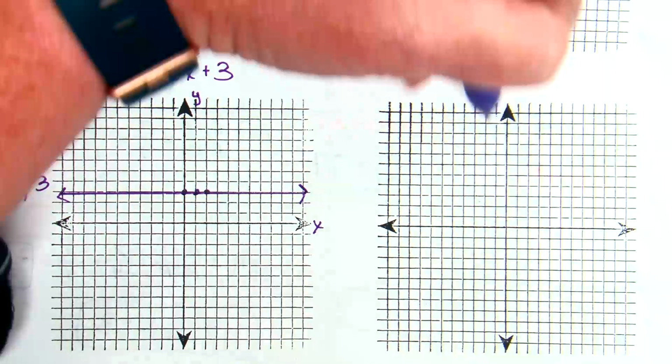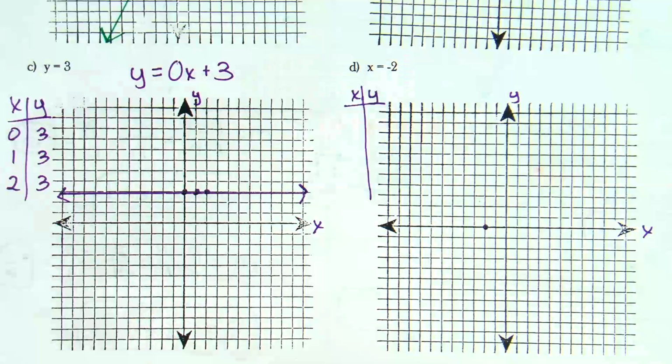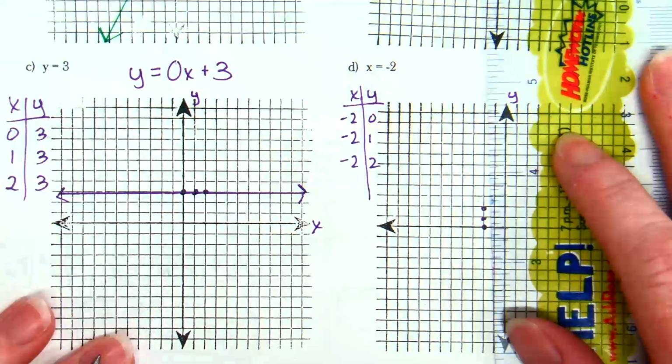If you liked my ordered pair possibility, do it again. X equals negative 2, all my x's are negative 2's. Fill in whatever you want for the y's. And that gives you some points, right? So if it's x equals, it cuts through the x-axis. If it's y equals, it cuts through the y-axis.